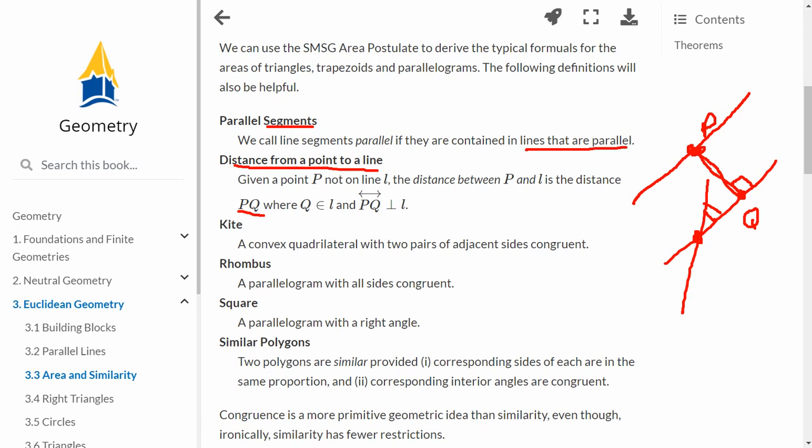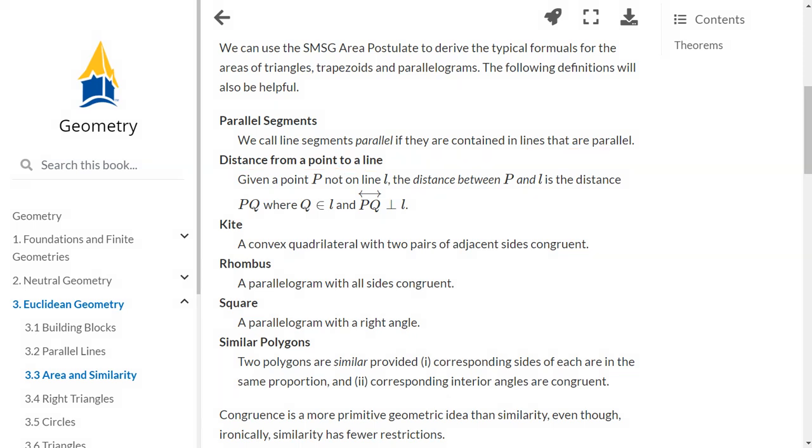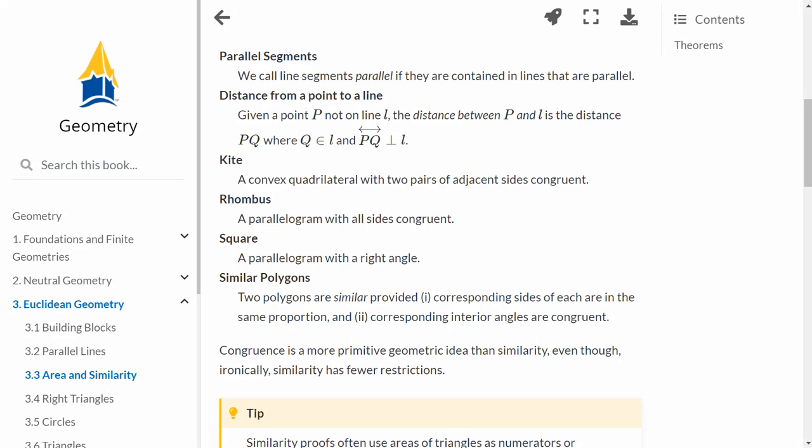The final definitions are ones you should probably be familiar with already. A kite has two pairs of adjacent sides congruent. A rhombus, all of its sides are congruent. Square, hopefully you know that one, but notice our definition is a parallelogram with a right angle.